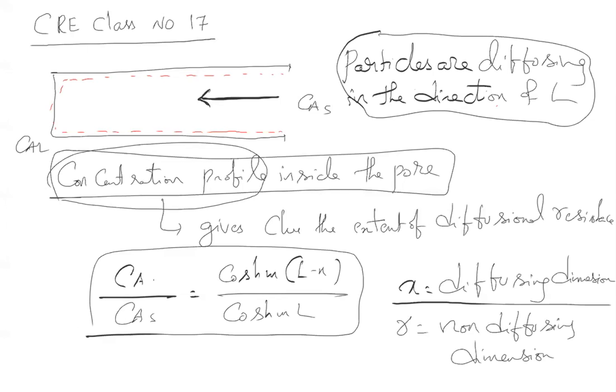Then we understood how many new resistances come into the picture because of the catalyst: gas film resistance, internal mass transfer resistance, then finally reaction. Within the reaction you have three more: adsorption, surface reaction, and desorption. So these many resistances come into the picture.